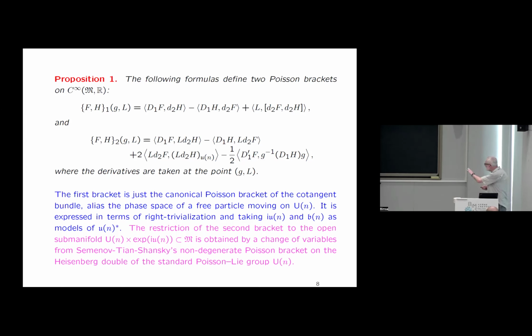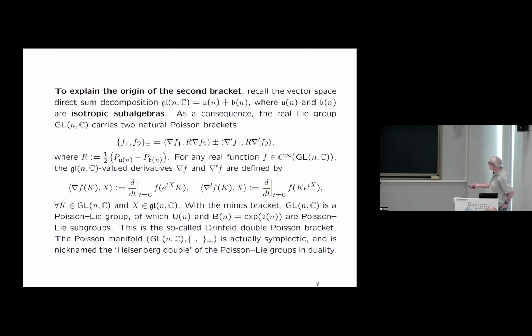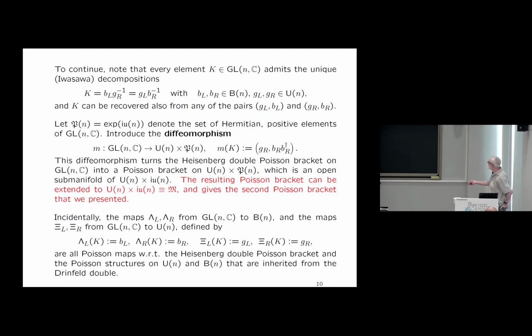I don't have time to explain it in detail, but the point is that it has its origin in the theory of Poisson-Lie groups and some analytic continuation. It is explained here, but I don't want to go into that because I have a lot of stuff. If you like, you can have a look, or you can ask me.